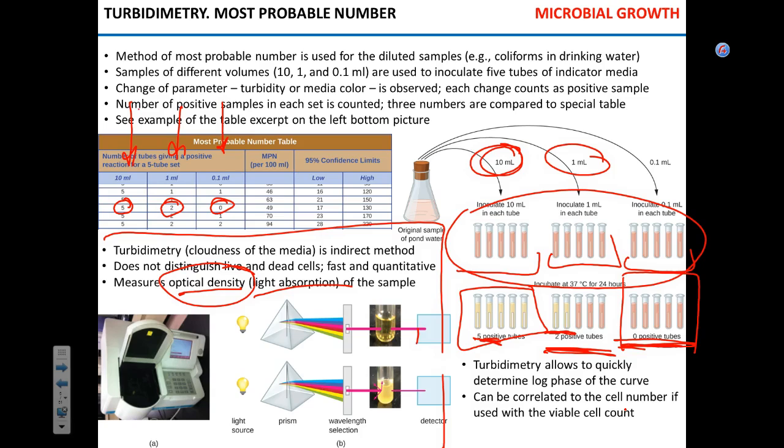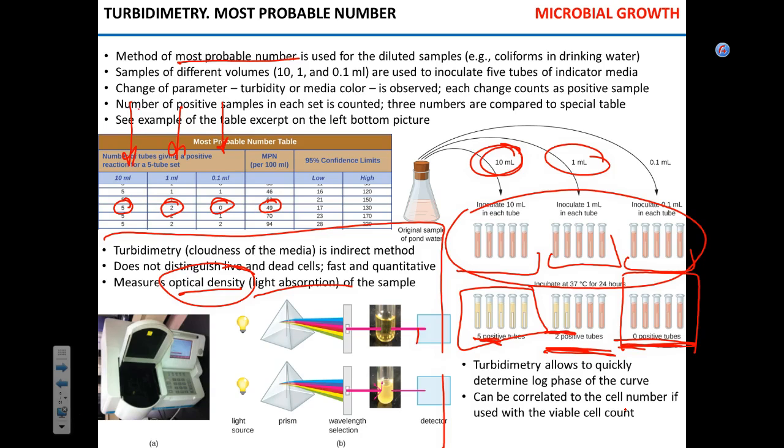Do you follow me so far? The answer that is called most probable number is 49. 49 cells per 100 milliliter of lake water.